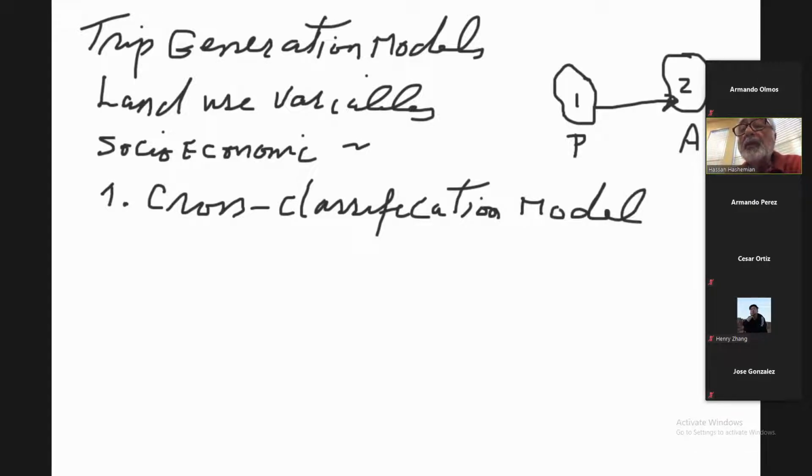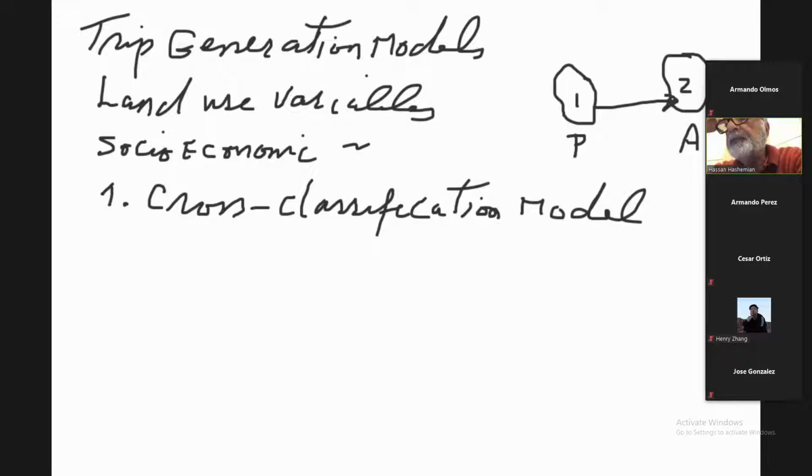So the cross-classification model relates these variables and estimates the number of the trips. So remember, the trip generation model is a model that we have to calibrate for what is happening today and then use that for future.